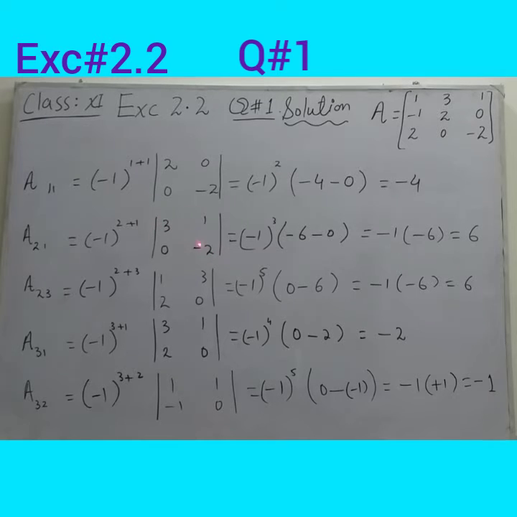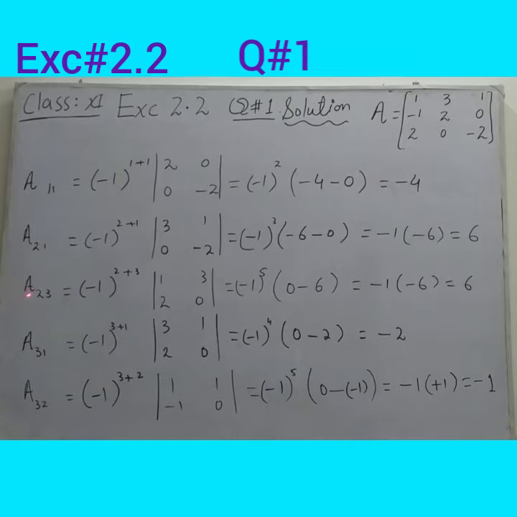The determinant gives 3 into minus 2 minus 0 into 1, that is minus 6. Minus 1 raised to power 3 gives minus 1. Minus 6 into minus 1 gives plus 6.